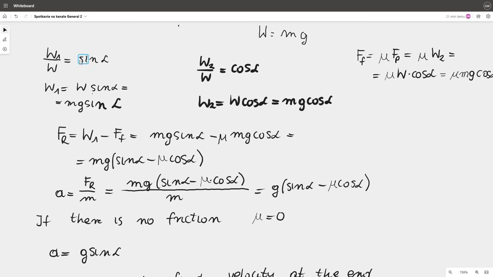You can see it here and here. We transform these equations so we could calculate W1 and W2.